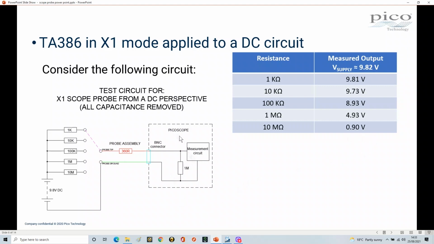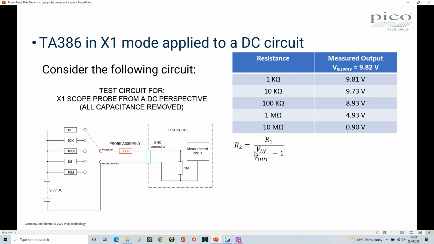So this probe and picoscope, and particularly the picoscope, is actually interfering, creating a voltage divider network. It's really important to understand this, because when you come to measure in DC circuits, the resistance of your test equipment, i.e. the impedance of your test equipment, does have an effect on your measurement.